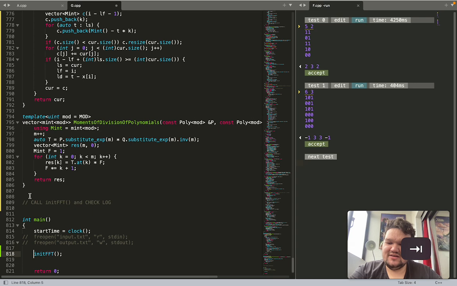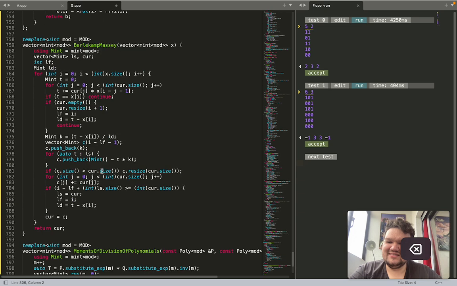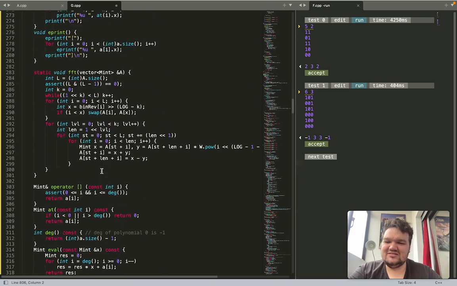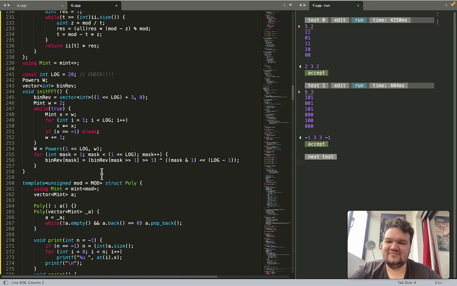Okay, so my library says that I should check log. Let's do that. So log is a constant that will say up to which length we can calculate FFT, like the product of two polynomials.